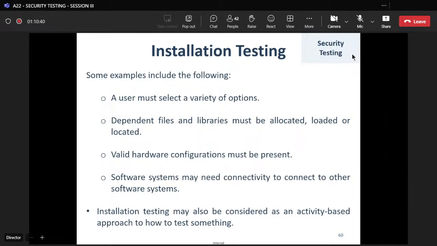Some of the examples: a user must select a variety of options, and the setup files also help to identify things. For example, if you are downloading an application or a different software, first it will try to identify the hardware configuration of the particular device on which the application is going to be installed.